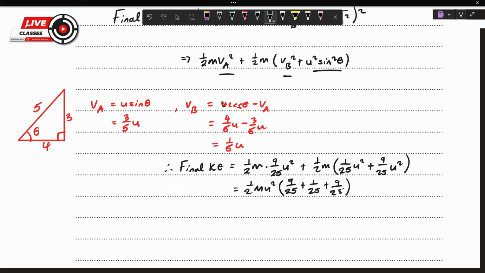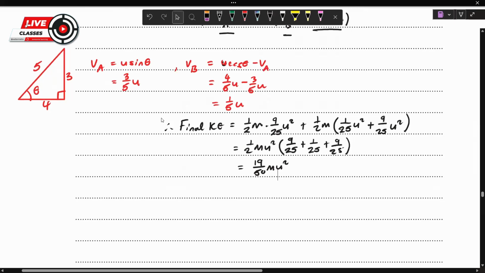So that's 19/25 that we're getting here. So this will give us 19/50 mu squared. So that's the final kinetic energy in terms of m and u.